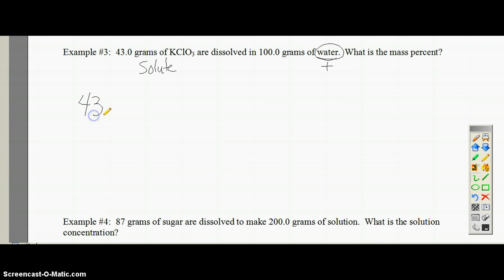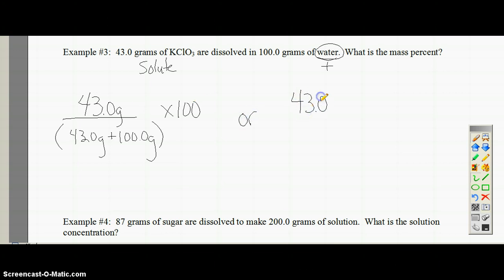So again, I can do it as 43.0 grams over the quantity, 43.0 grams plus 100.0 grams. Again, a lot of these are coming off your solubility curve sheet, so that's why you're seeing the 100. I multiply by 100 to make it a percent. Or you can do that directly, do 43.0 grams over 143.0 grams and multiply that by 100.